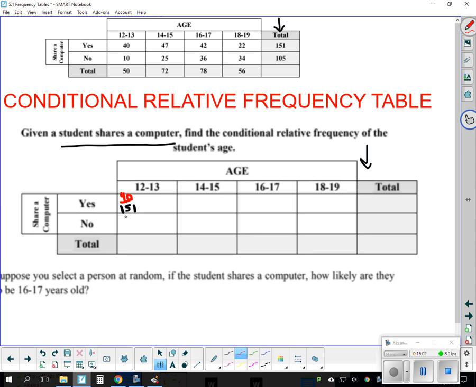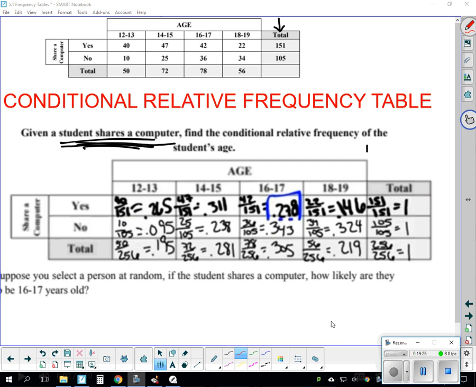When we get to the bottom, the no's, we'll have 10, but this time we're not dividing by 151, we're dividing by the total that said no. So the whole key here, guys, is whatever you are given, that's the one you divide by. Okay? Pause the video, fill out the entire, what's this thing called? Table. There you go. Okay, check your answers with my answers and see if you get the same thing.